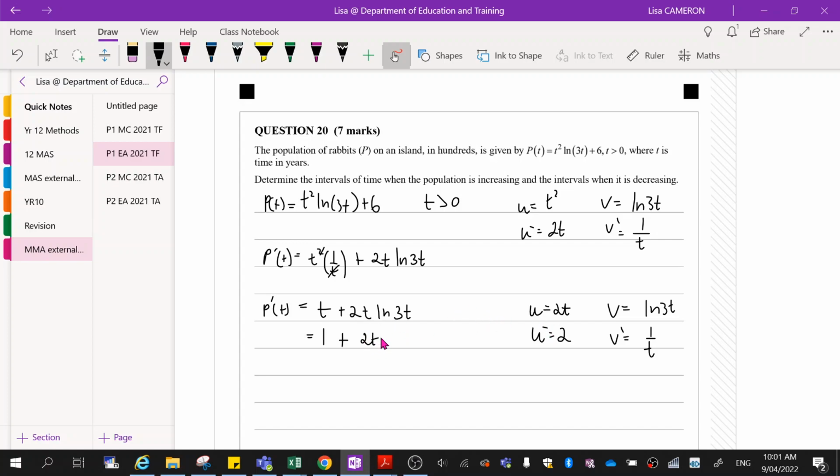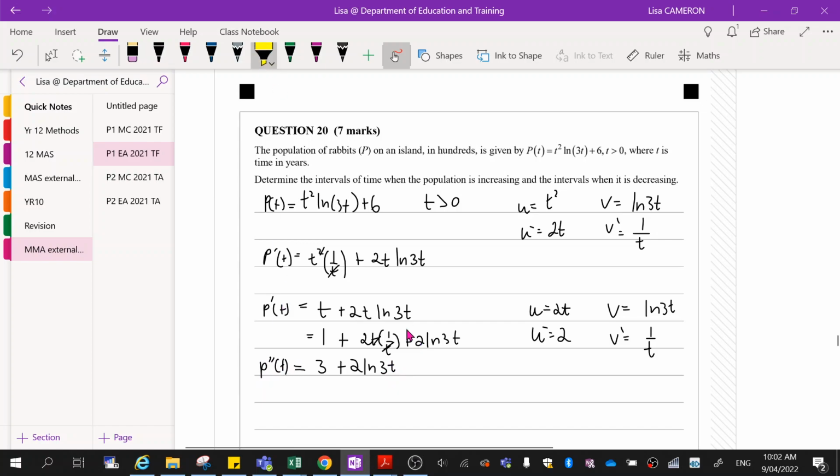So 2t times 1 over t plus 2 ln 3t. This is going to simplify. They will cancel out. Now I can group my like terms in the front there: 3 plus 2 ln 3t. And that is the second derivative.